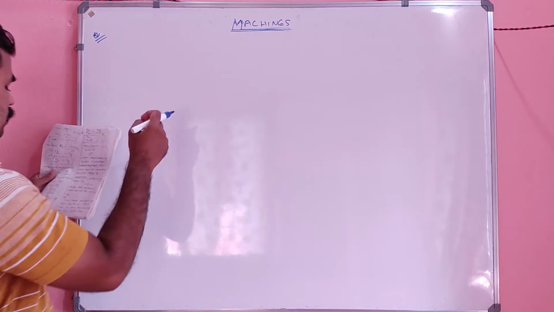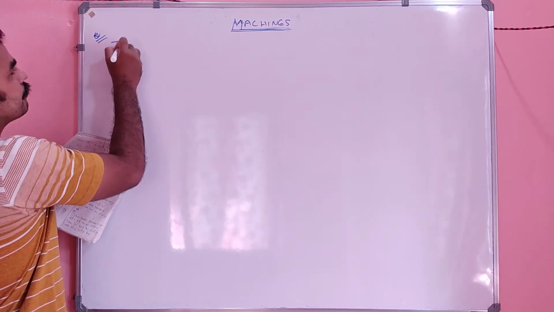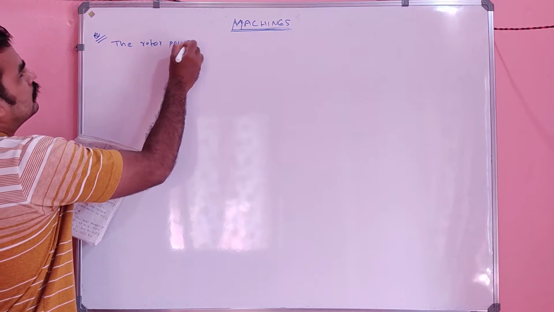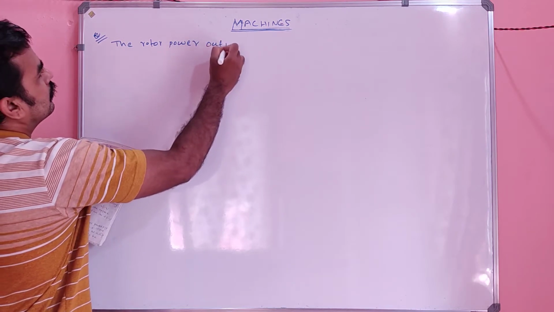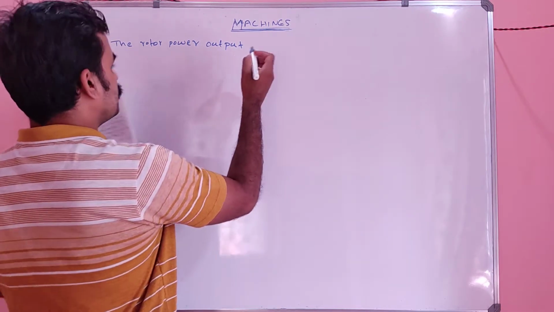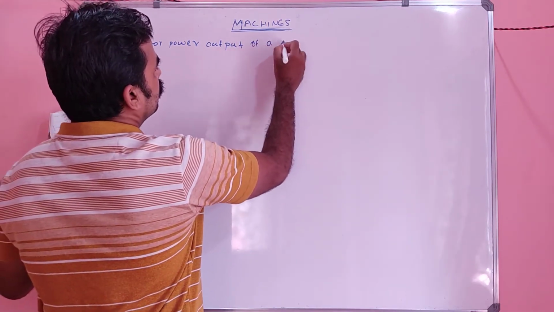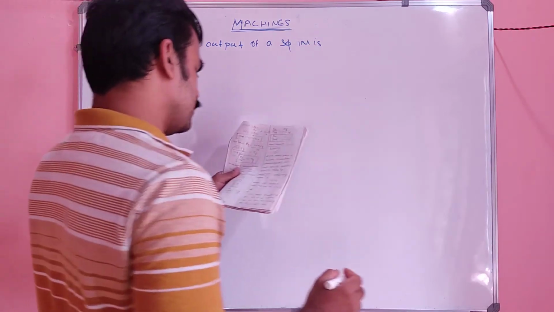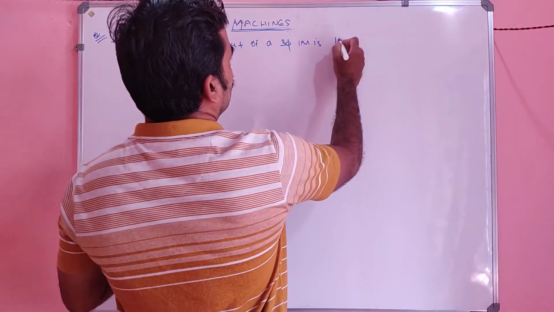Write a question. The rotor power output of a three-phase induction motor is 15 kilowatt.